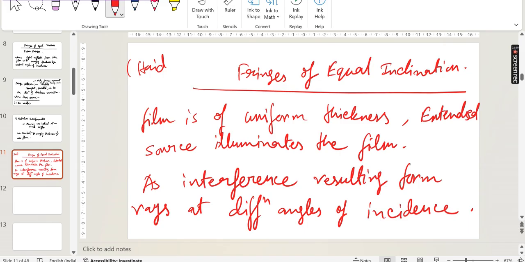But for fringes of equal thickness, the inclination is almost the same, or the angle is so small that the cos theta term is equal to 1. So then we get fringes of equal thickness. There the inclination is the same. Each fringe corresponds to points where the thickness is the same, but two consecutive dark or bright fringes occur due to different thickness.